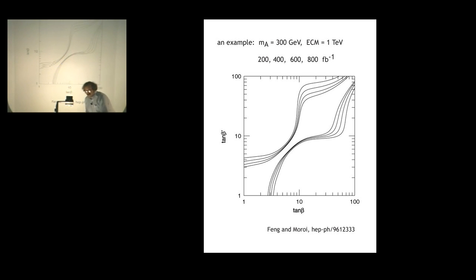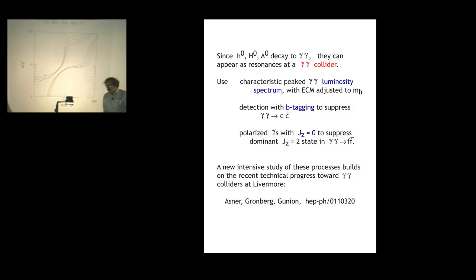If you look at this paper, it's quite nice, but I think without any shame to these people, this study really ought to be repeated by an experimentalist. And I think it's a challenge to someone in this room to show what, with a realistic detector and some kind of more realistic B-tagging capability, how one can do in this kind of measurement.